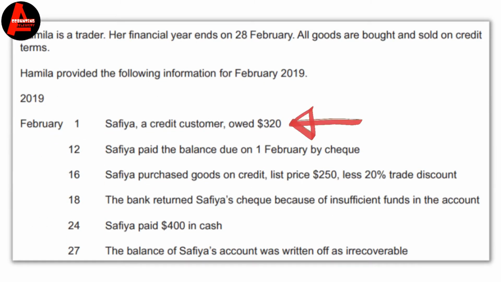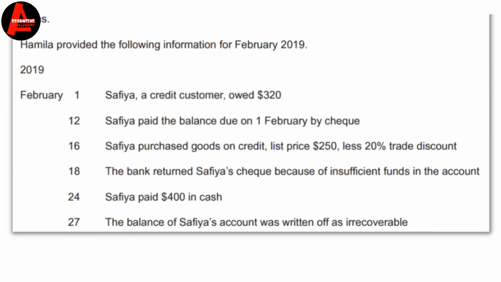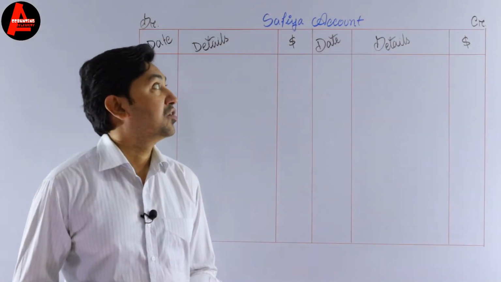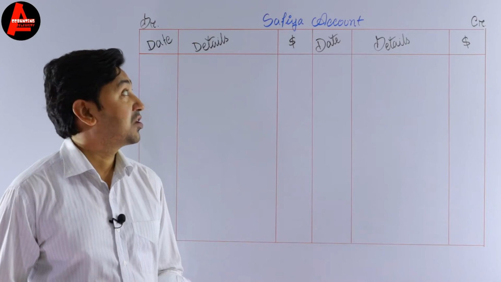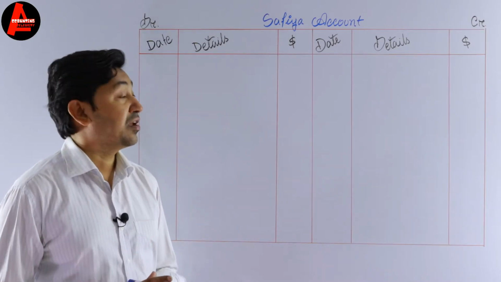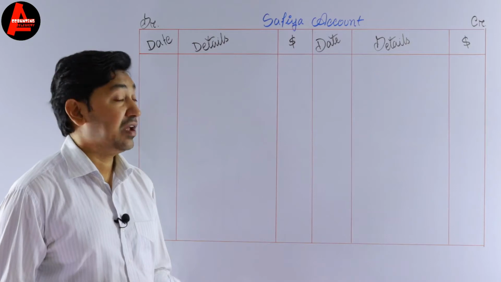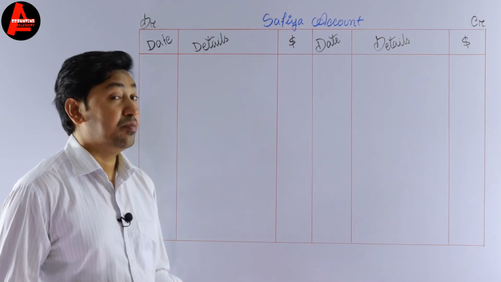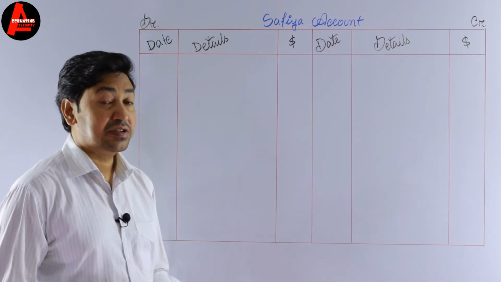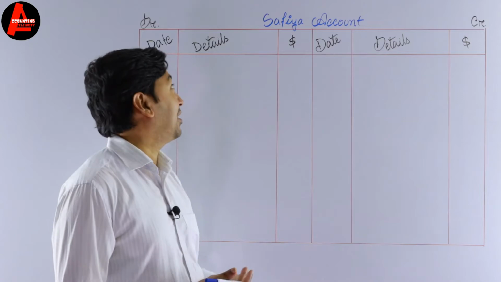Let us have a look at the question. 2019 February 1, Shafia, a credit customer, owed $320. So Shafia owed. What about Hamila? It is an opening balance. You know, an opening balance is written as balance b/d, meaning balance brought down. As it is an asset for Hamila, it will be written on the debit side because an asset has a debit balance.